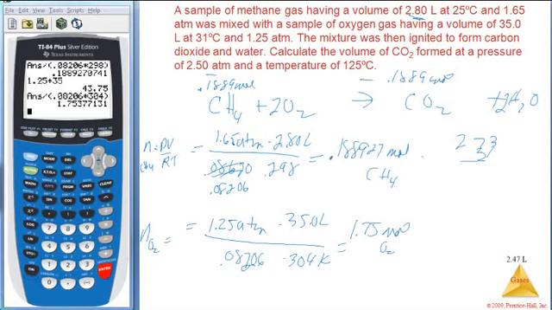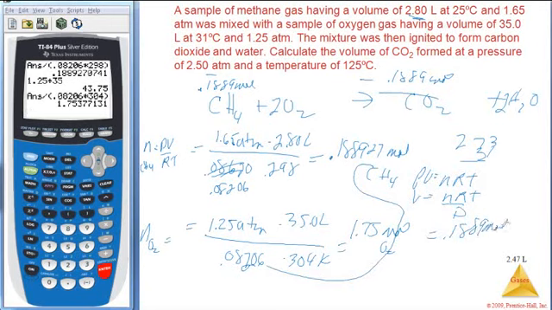In this case, if I take my PV equals nRT, my volume is going to be nRT over P. And I know I should get this many moles, 0.1889 moles, times, I would need my R here, 0.08206, times my temperature, which is 125, so I add 273 to that, and I get 398, and my pressure there says 2.5 atm.